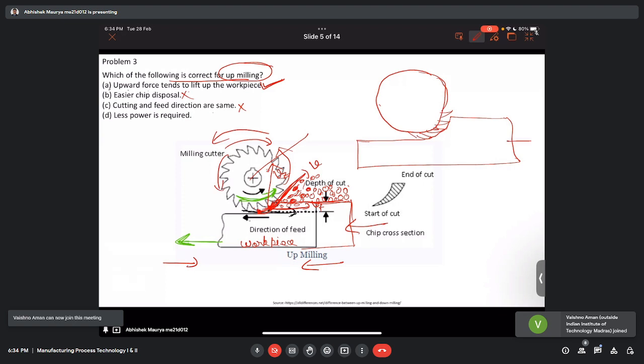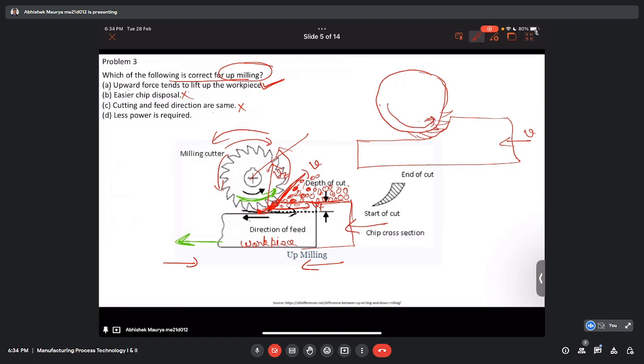Our workpiece is moving opposite and our cutting tool is moving in counterclockwise direction. Since both are having opposite direction of motion, like here, this is the cutting velocity VC and here is the VF.